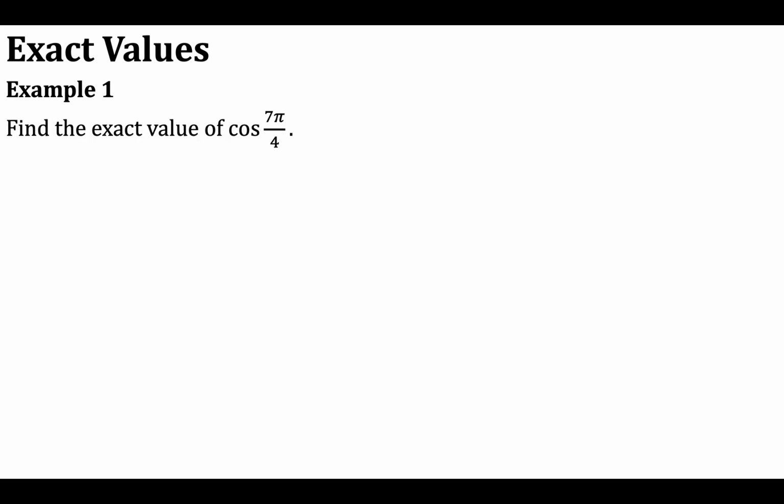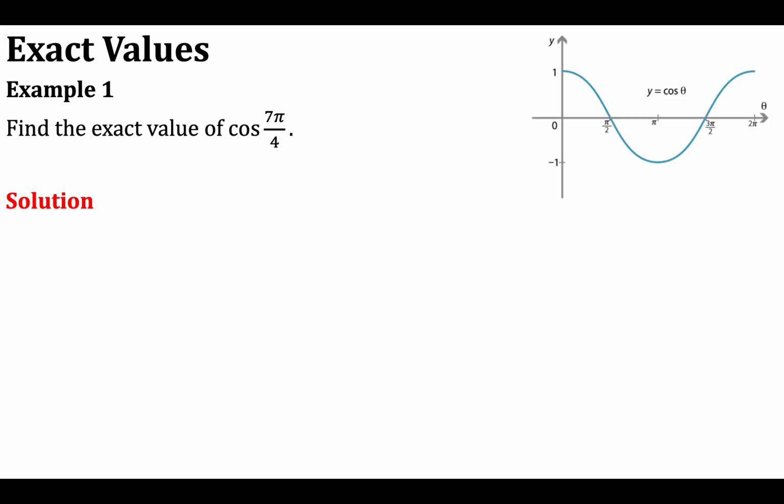So example 1, we want to find the exact value of cos 7 pi over 4. So like before, we'll look at the graph firstly and then we'll look at the cast diagram, and you can choose whichever method you feel most comfortable with. So 7 pi over 4 is around here. So you can see cos 7 pi over 4 is there.